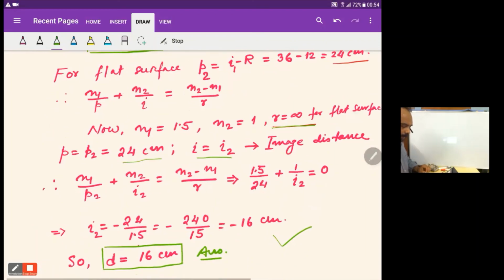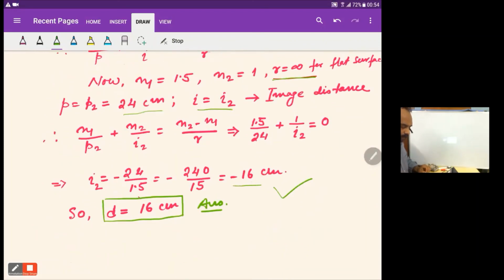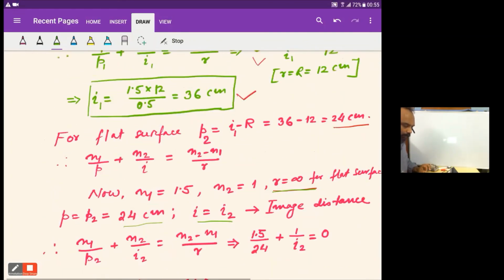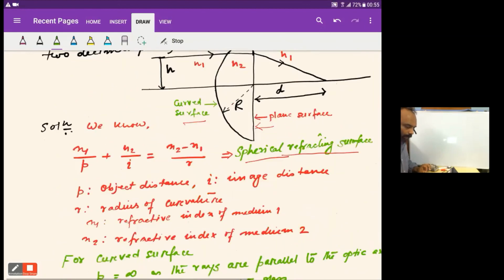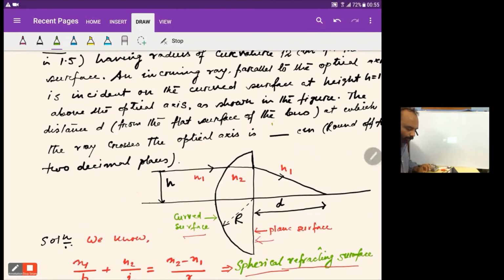That gives us i2 is equal to minus 16. That means that d is 16 centimeter. So the answer is 16 centimeter. So the distance d at which the ray crosses the optical axis is 16 centimeter.